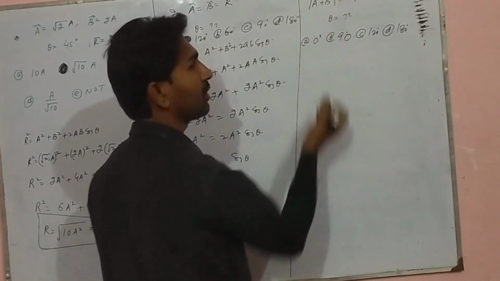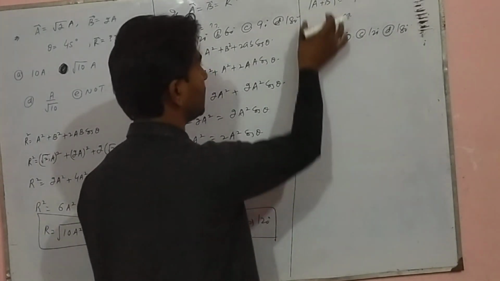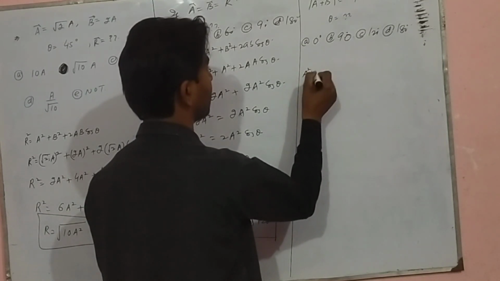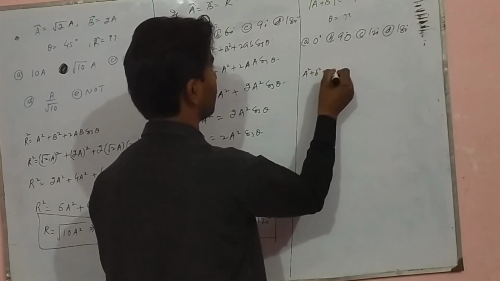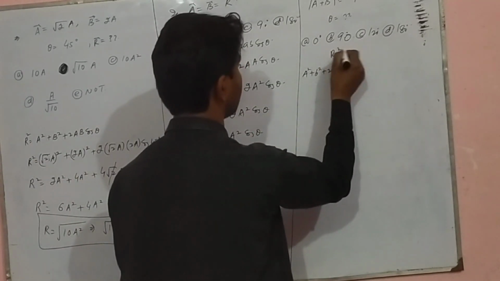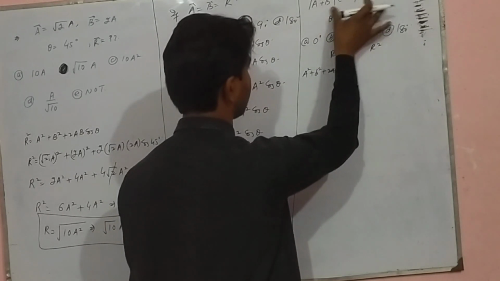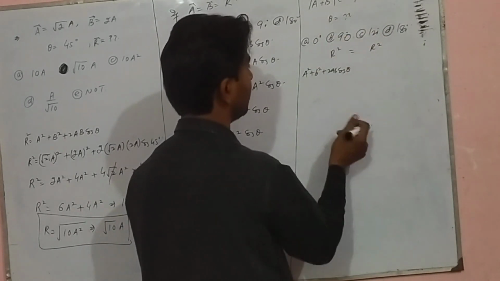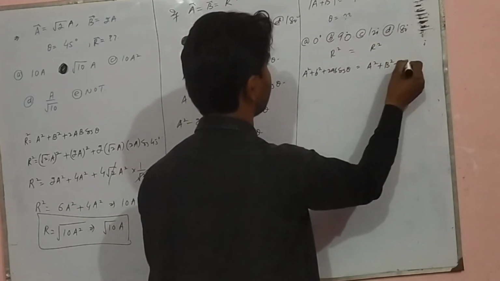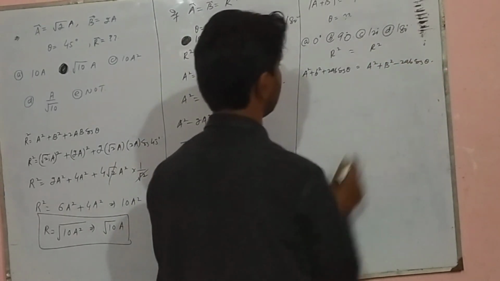Mod means we have to use the cosine law. So a plus b whole square is a square plus b square plus 2ab cos theta. This will be r square, and the other is also r square because both are equal. Again this will be a square plus b square minus 2ab cos theta.